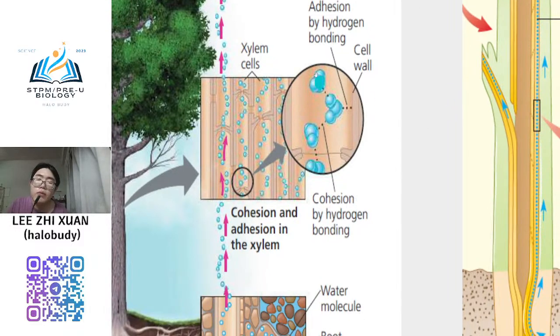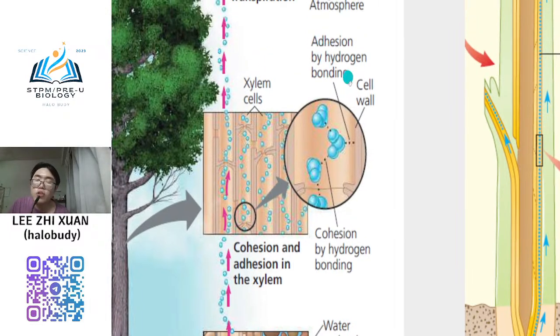Why? Because we have hydrogen bonds, the property of the water molecule. We have adhesion force and also cohesion force. Your cohesion force provides the hydrogen bonding between the water molecules so they can hold on to each other.